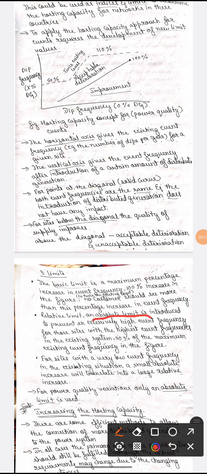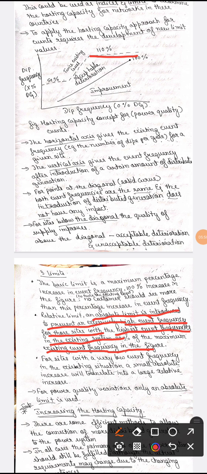Next, an absolute limit is introduced to prevent an excessively high event frequency for those sites with the highest event frequencies in the existing system.